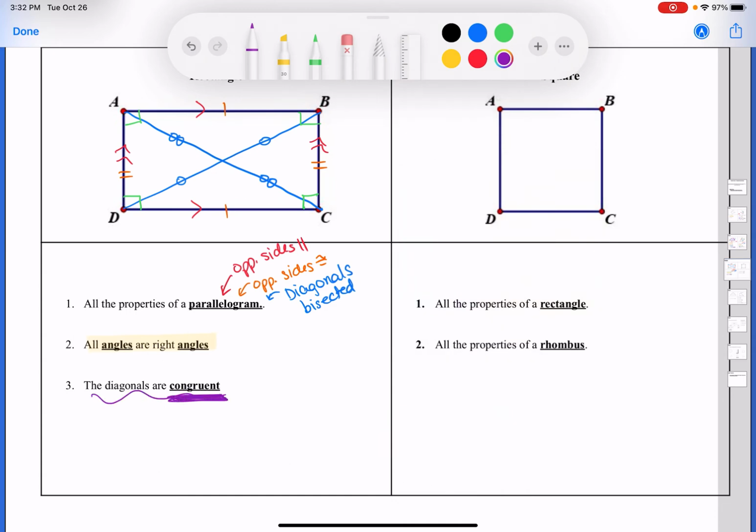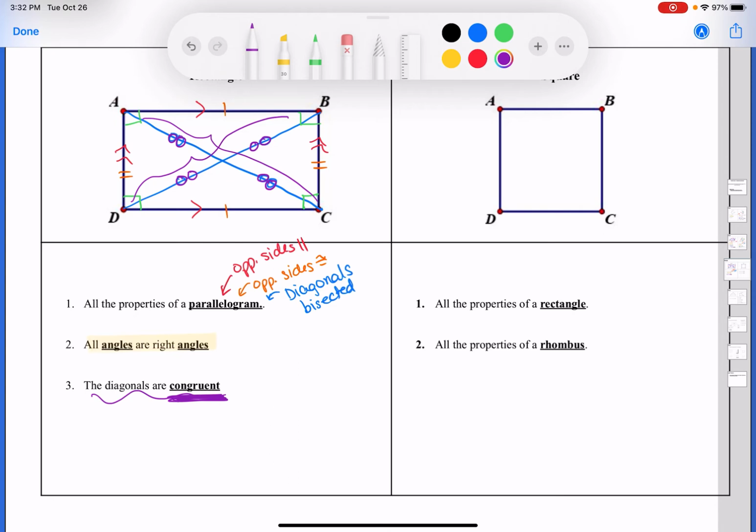So we know the diagonals are bisected, but we also know that the diagonals are congruent. So while they're split into 2 congruent parts, all those parts are congruent, so the whole things are congruent as well, right? Whole big thing. So they're bisected, but they're also congruent.